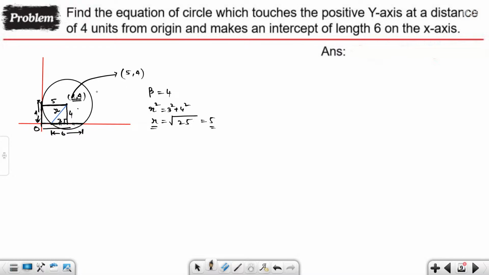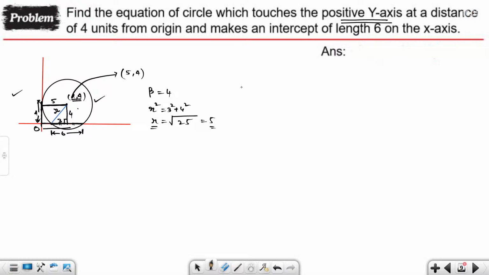Now, the condition that they have given, the circle can take 2 places. Either it is in the first quadrant or it can be in the second quadrant. It cannot be in the third or fourth quadrant. Otherwise, the circle would not touch the positive y-axis; it would touch the y-axis in the negative direction.